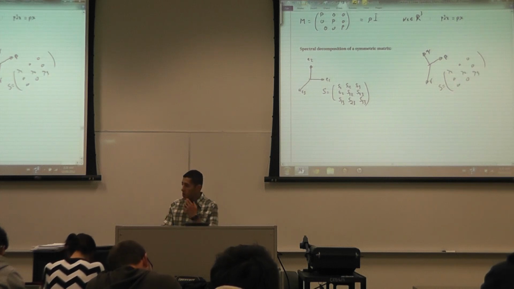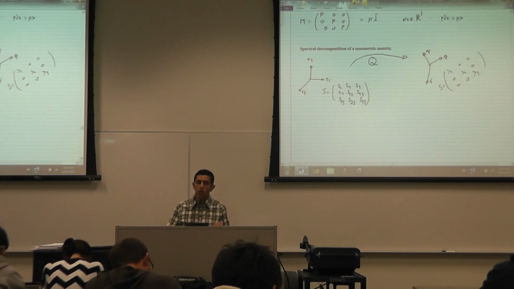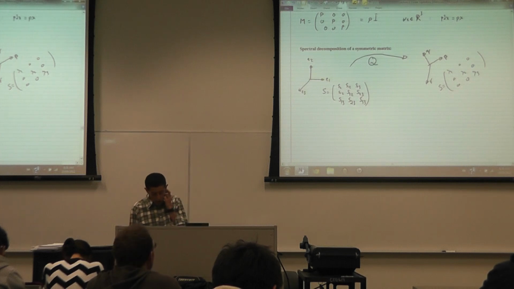And the diagonal values are the eigenvalues of S. And of course, we talked about change of basis last time. There's a transformation Q, and Q is made out of P, Q, and R.